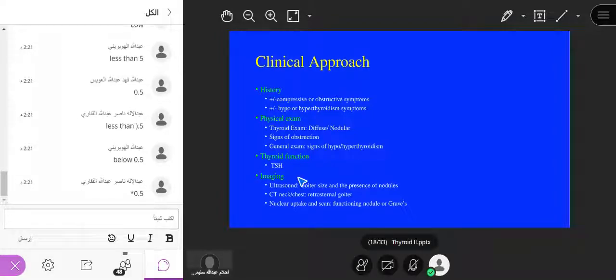Okay, if I am suspecting central hyperthyroidism due to a pituitary TSH adenoma, is the nuclear scan of value or not? Will the nuclear scan help me or not? No, then what is going to help me?